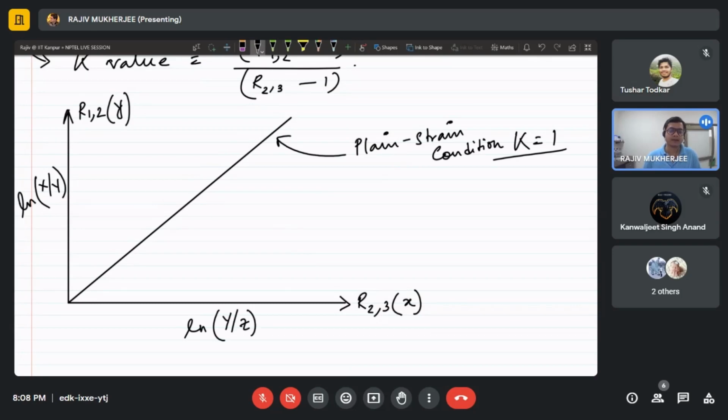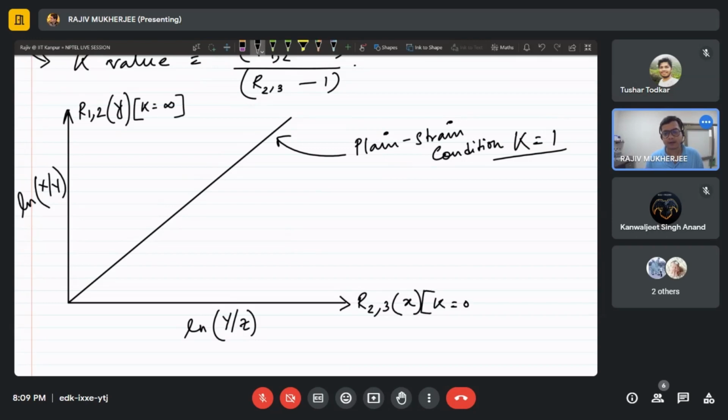So of course there are several values of k boundary conditions. So in this case k is equal to infinity, and in this case k is equal to 0, and here k is equal to 1.